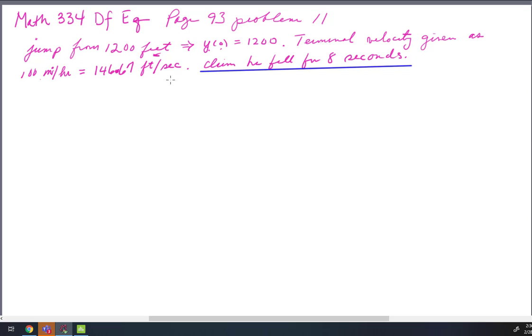146.67 feet per second. Then the claim is that he fell for 8 seconds, and the suggestion in the book is we test this part of the claim, that he fell for 8 seconds. So why don't we get started here and see what we can make this thing look like. There are a couple forces involved here.